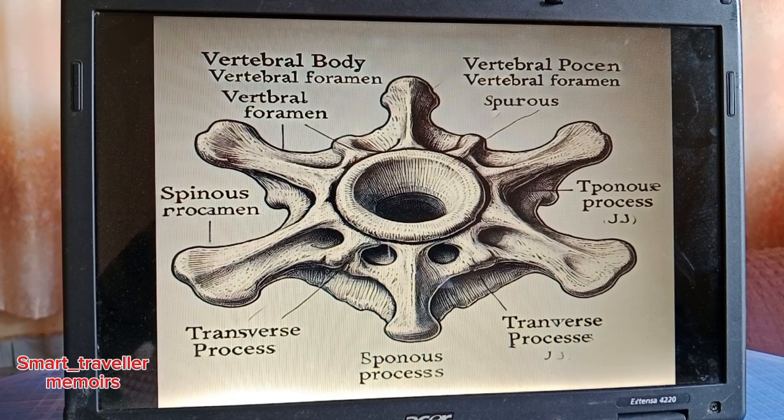I think it is spinous process. I think this was mixed with other languages. And here we have transverse process. All right. So we were supposed to label on the vertebrae, which was given in the question.